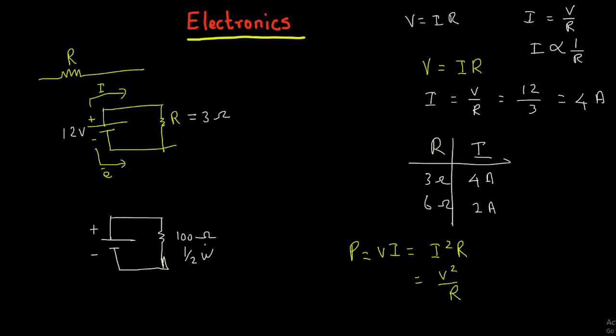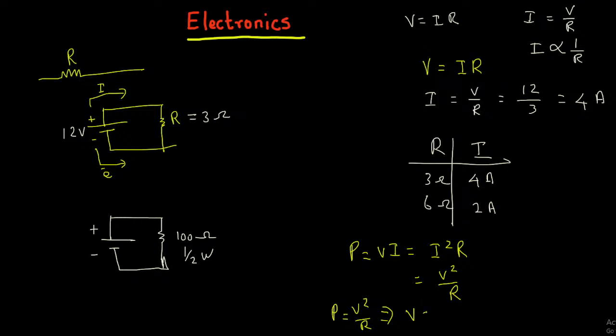So let's say here we have the resistor and the power rating. If they ask you what's the maximum voltage allowed for this one, then you have to use this equation, because we have the resistance and power and want the voltage. P is equal to V square over R, and we rearrange in terms of voltage.